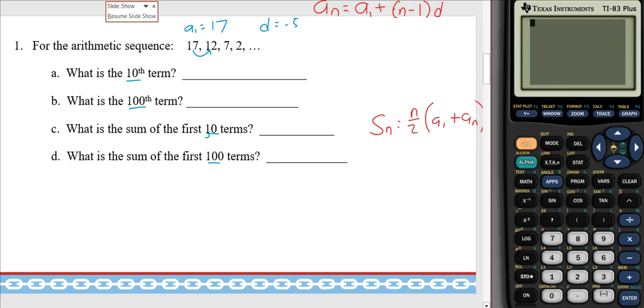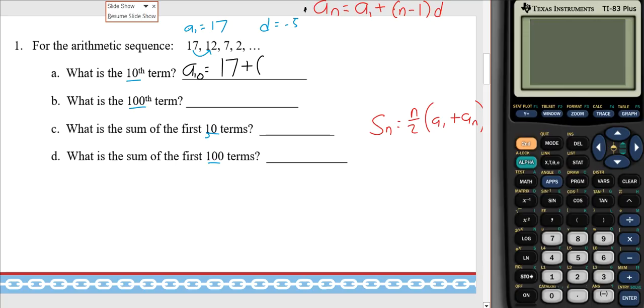Part A asks what is the 10th term. So we're going to use that first formula. A10, because I know my n value is 10, is equal to my first term of 17 plus n minus 1, so 10 minus 1. In reality, I would probably just simplify that as I wrote it.